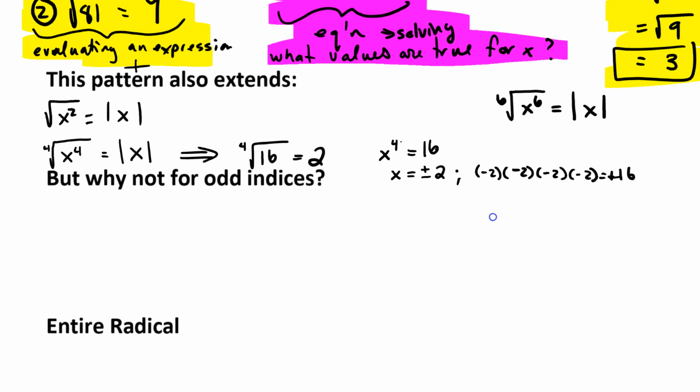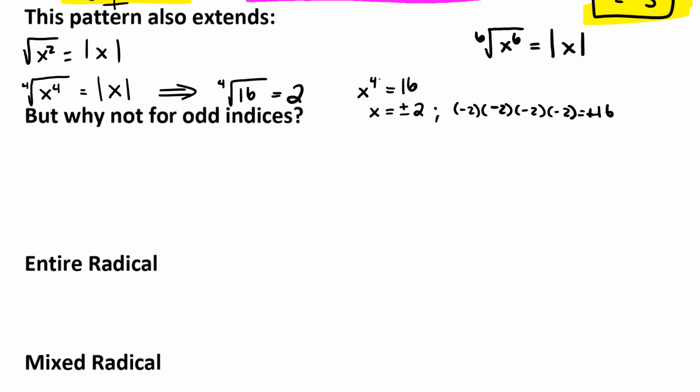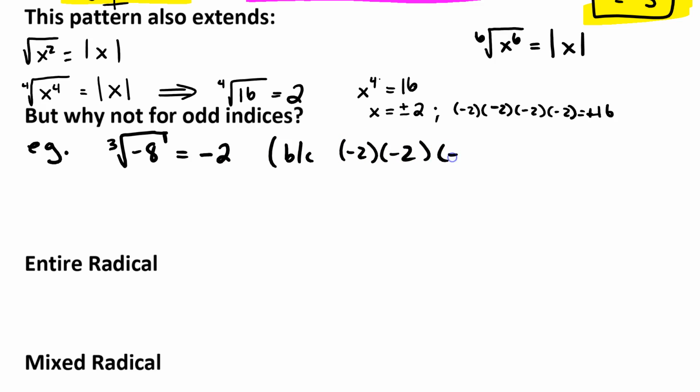Now, you're noticing here that the pattern extends, but why not for odd indices? Okay, what about if the index is 3? Let's just show you an example. If I were to take the cube root of -8, there can only be one answer. That is simply -2. Why? Because -2 times -2 times -2 is -8.